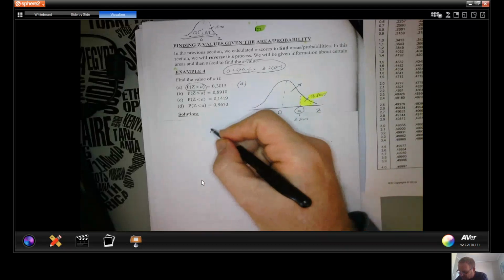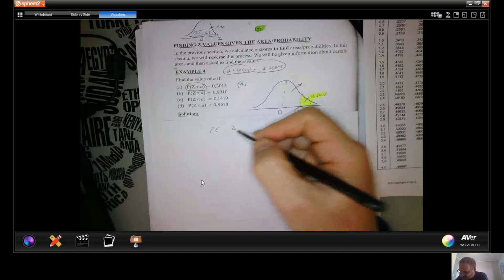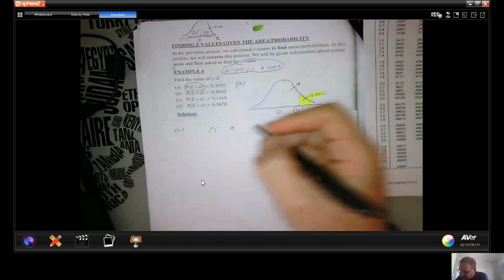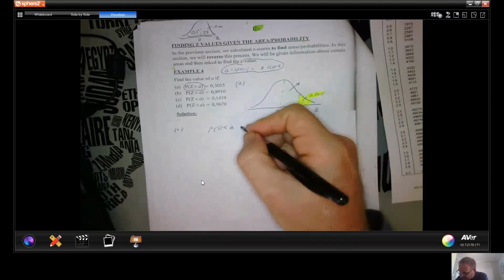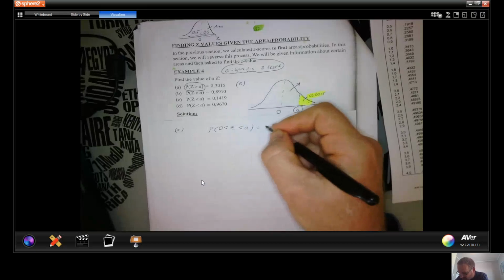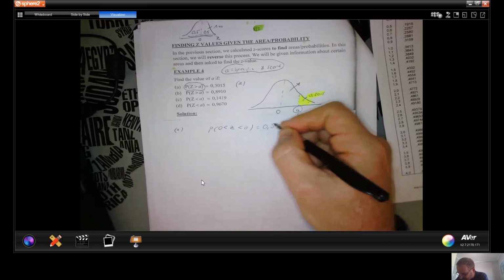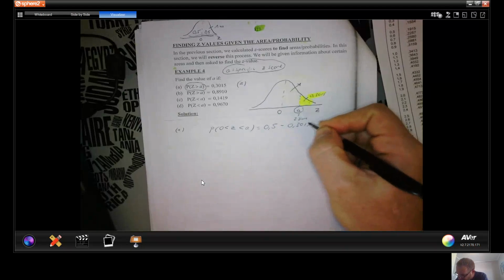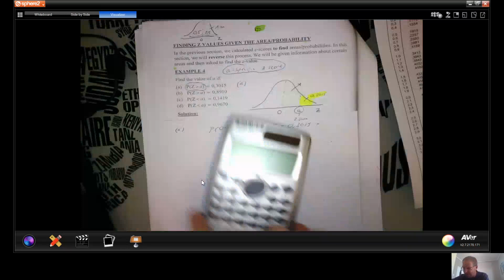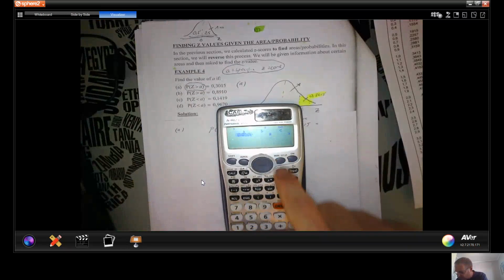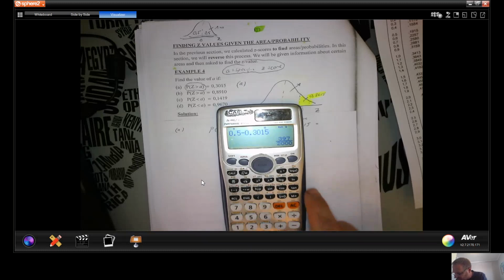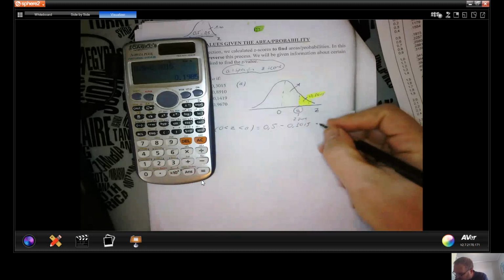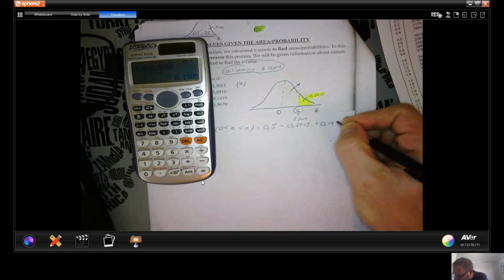In other words, the probability that Z, this is still for A, lies between 0 and A will be equal to 0.5 minus 0.3015, which is going to be equal to 0.1985.